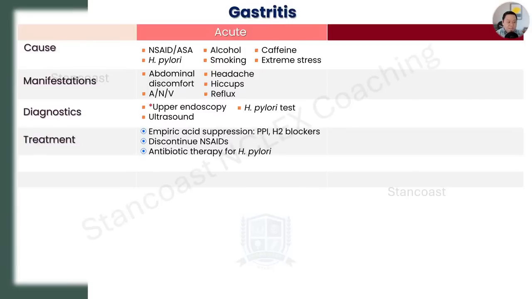However, there's going to be a need probably for the antibiotic therapy if the acute gastritis is caused by the H. pylori. And of course, this will include maybe 3 or 4 medications in order to treat the infection. Now, for the complications, in most cases of acute gastritis, with the treatment, complications are rare.